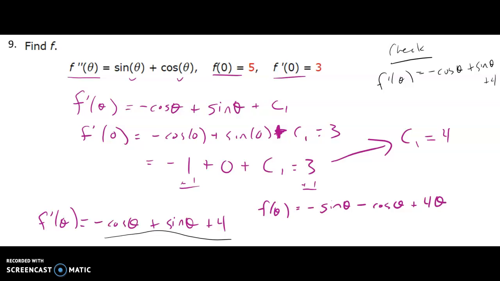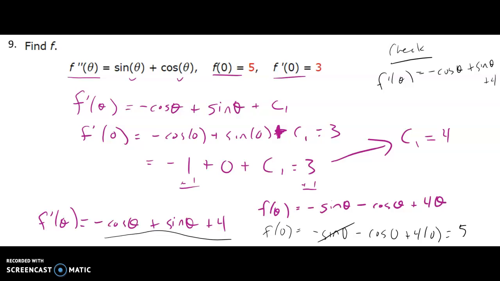Now I can plug in the initial condition, f of 0 equals 5: negative sine 0 minus cosine 0 plus 4 times 0 equals 5.